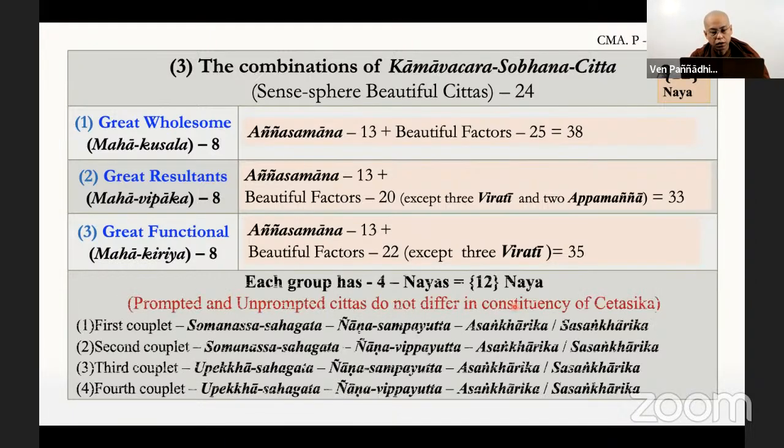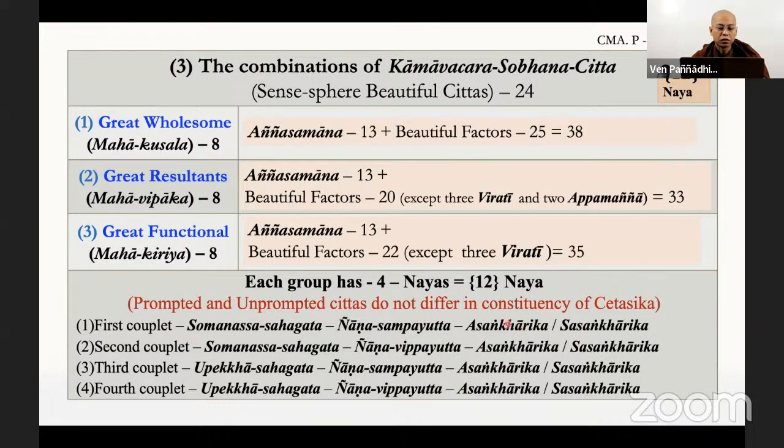So in the sense-sphere beautiful consciousness, if we count for each group, we need to know the 4 couplets. The 4 couplets: Asankharika 1 and Sasankharika 1, so we call that couplet 2 together. The first couplet is Somanassa Sahagata, so we will call them according to the number of couplets: Somanassa Sahagata Nana Sampayutta. This is the identification of the first one.